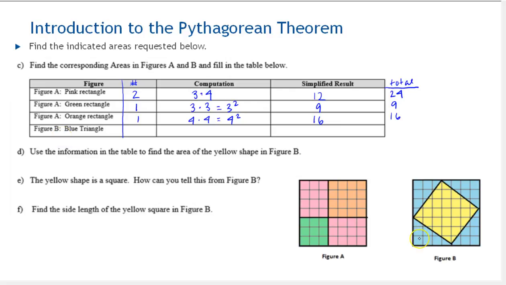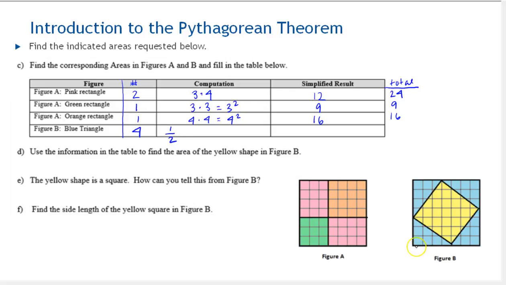Notice figure B has 1, 2, 3, 4 blue triangles, and even though they're rotated, they're all identical triangles. This one has length 3 and length 4, and it's a right triangle because this is a 90-degree angle. Here we have 3 and 4, 3 and 4, and this is 4 and 3. There are 4 blue triangles, and each of their areas is 1/2 the base times the height.